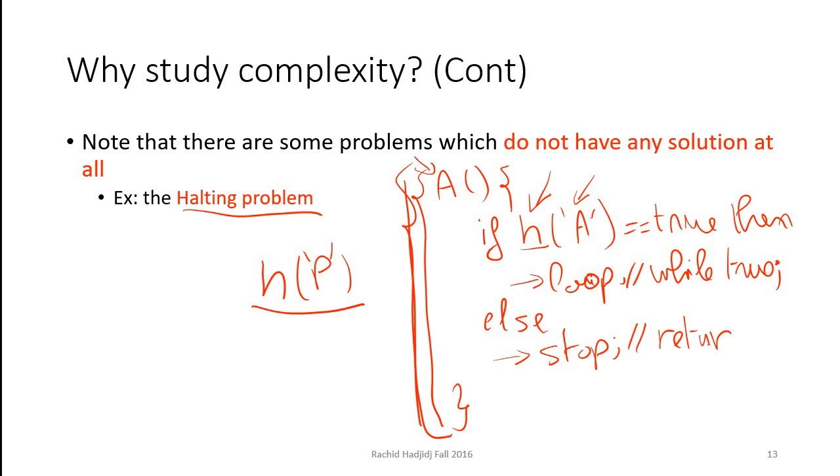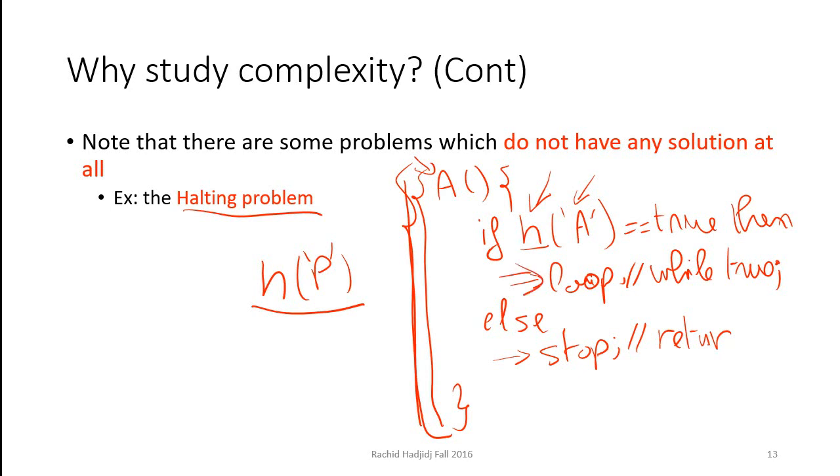It either stops or doesn't stop. Now, if you assume that A stops, let's run it and see if it stops or not. So we assume A stops. You go inside if halt A, so halt will tell you it stops. And then what A does, it loops forever here. So if A stops, it will never stop.